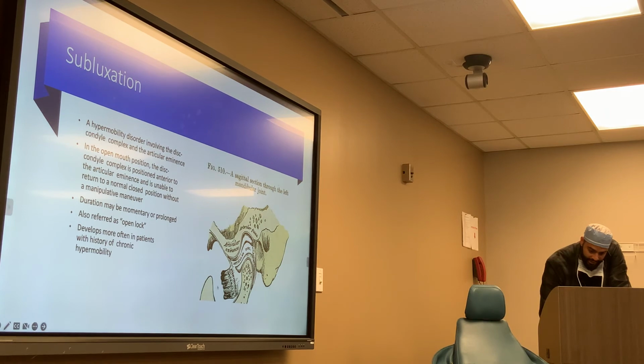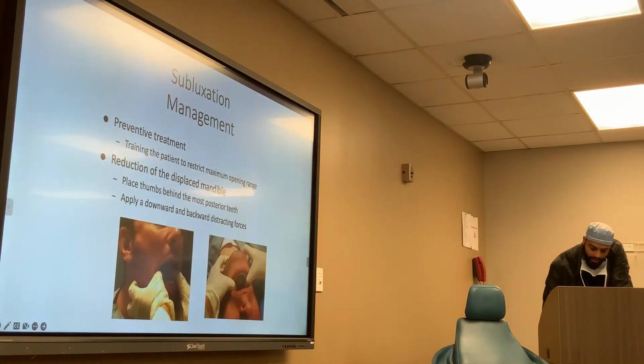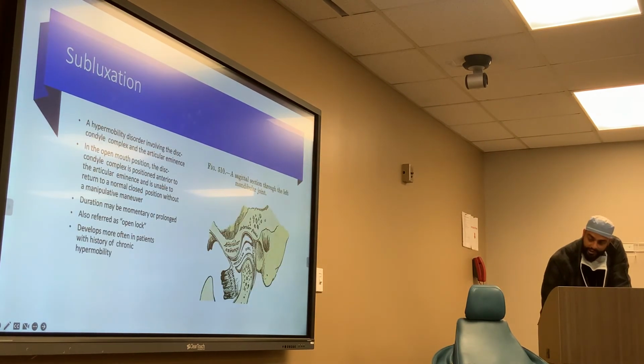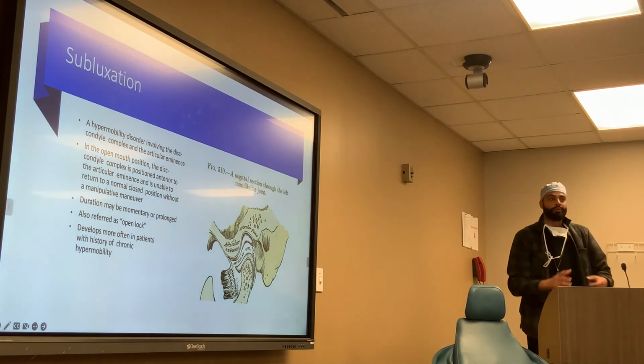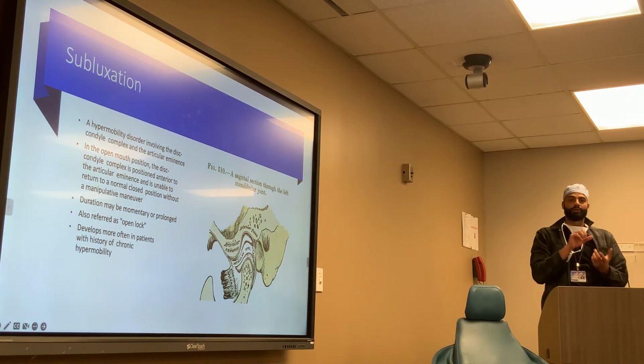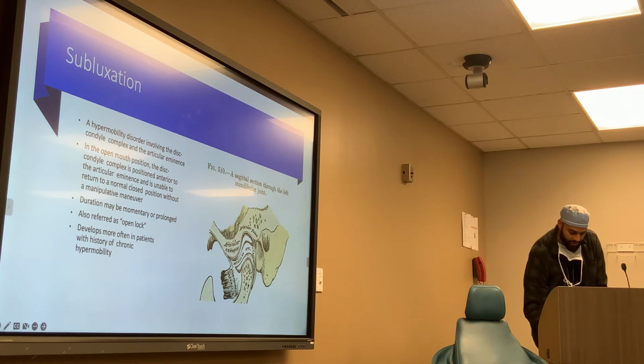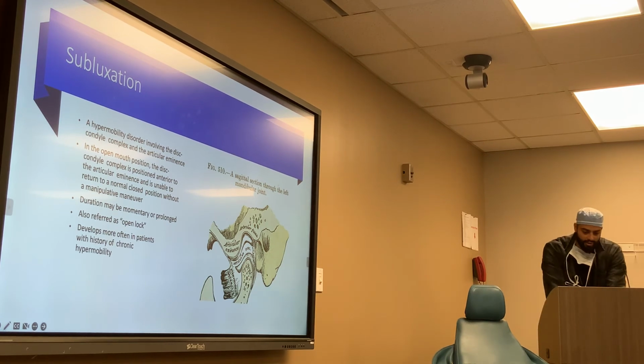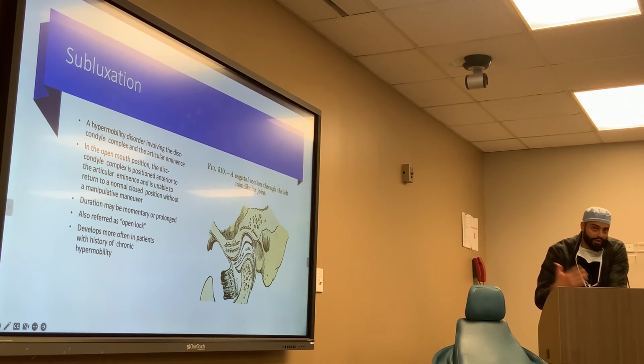So now it's not just anterior to the condyle like the other ones we just talked about, but anterior to this bony protrusion here, which is your articular eminence. So imagine if you're anterior to that, then you're going to be extremely wide open, and you're not able to close back because when you're trying to come back, you keep hitting this piece of bone, that articular eminence. Does that make sense, guys?